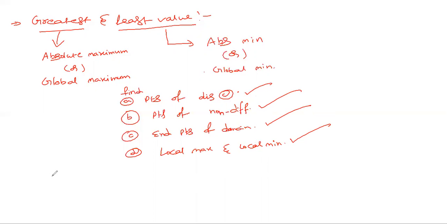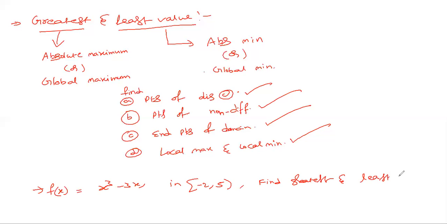For example, if we consider a function f of x as x cube minus 3x in the domain closed -2 to open 5, find the greatest and least value of the function in this domain.